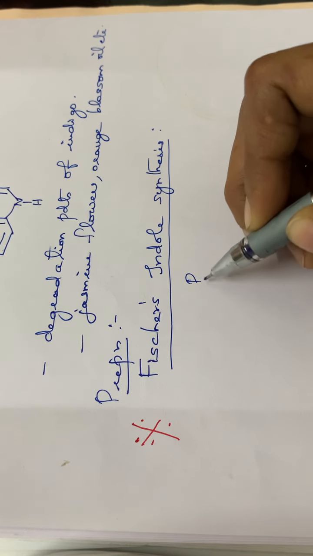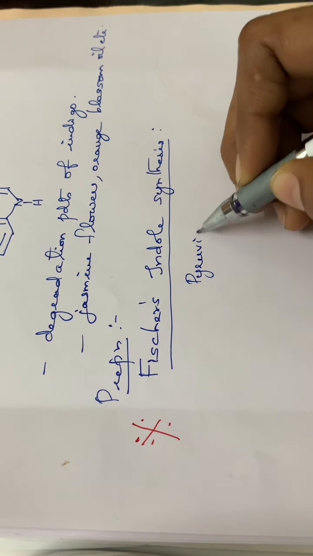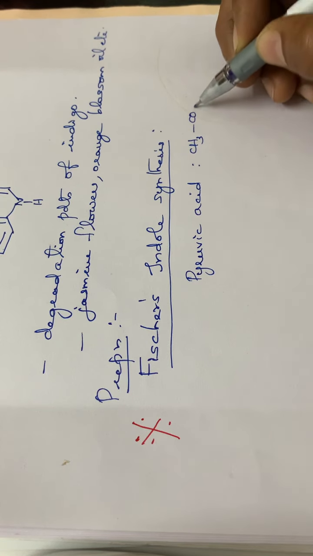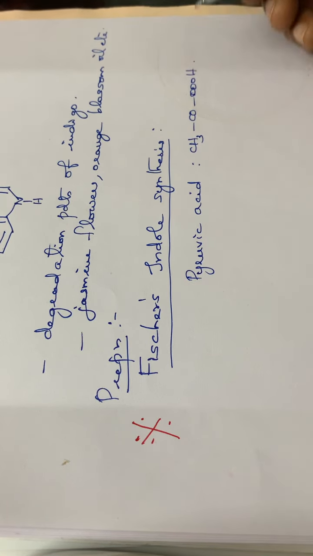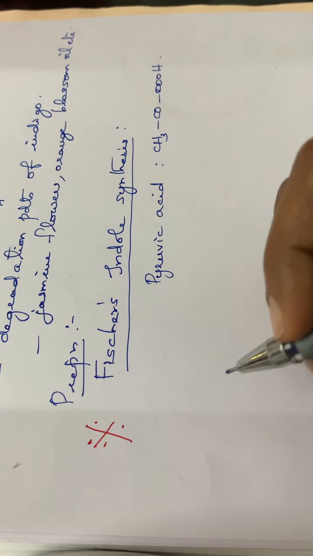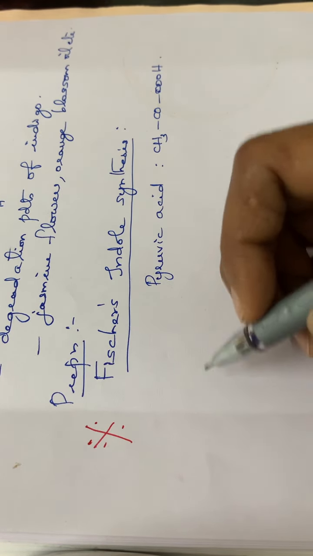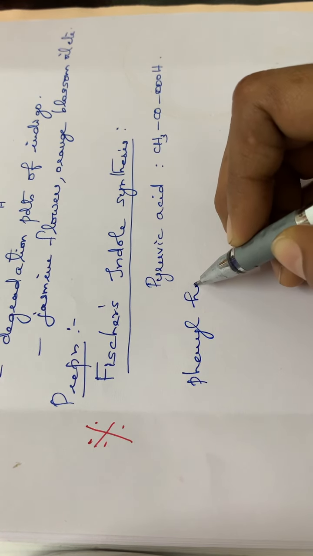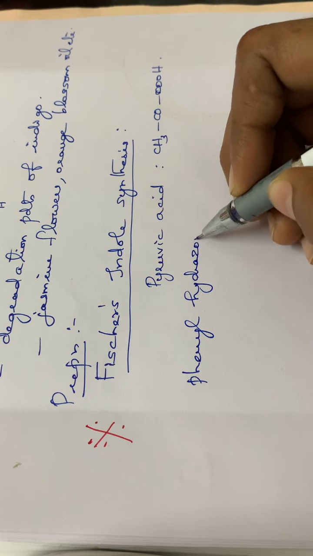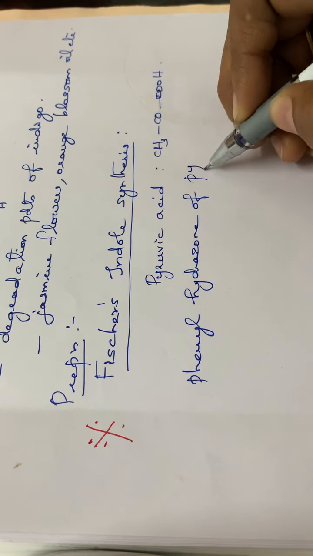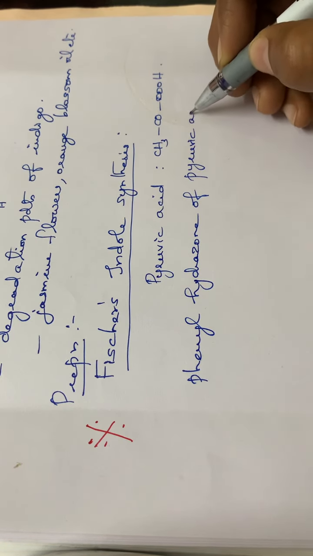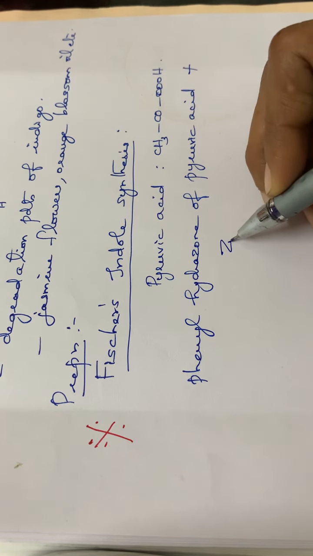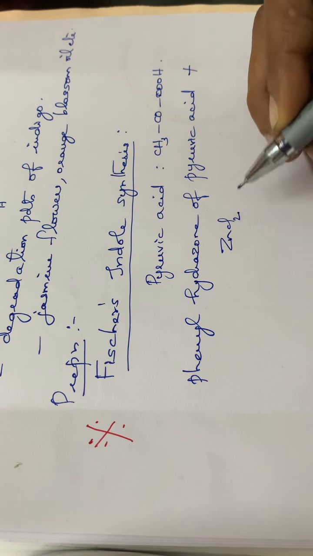Pyruvic acid is CH3COCOOH. In the reaction, the phenyl hydrazone of pyruvic acid is heated with zinc chloride as a catalyst.